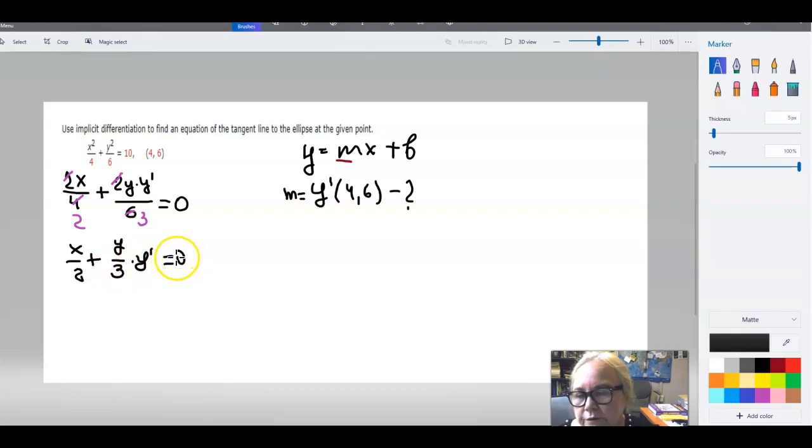Now we need to solve this for y prime, because our ultimate goal in this case is to find the slope.